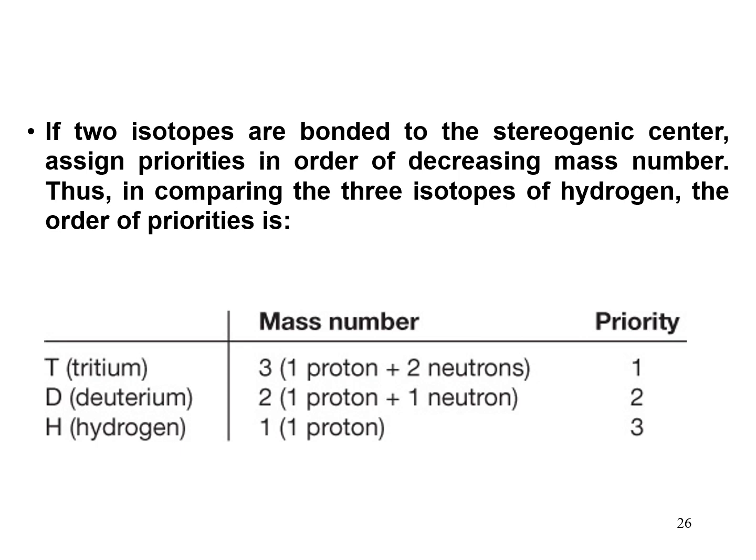Thus, in comparing the three isotopes of hydrogen, the order of priority is like this. For example, tritium is 3, deuterium is 2, and hydrogen is 1. So the priority is given like this: tritium is 1, deuterium is 2, hydrogen is 3, because the atomic mass number of tritium is by far greater than that of hydrogen.